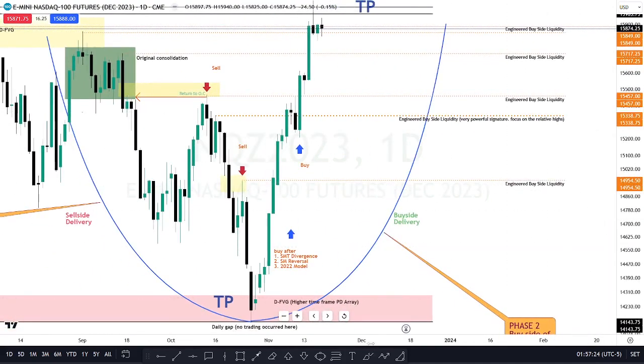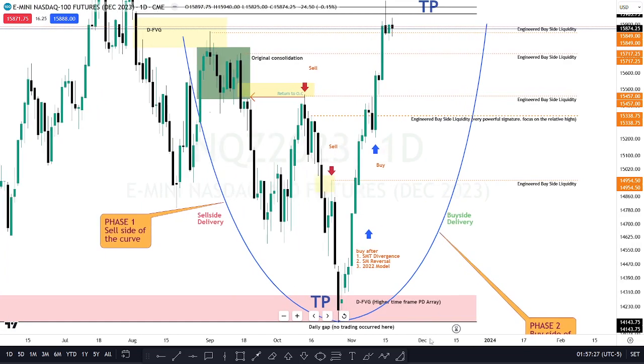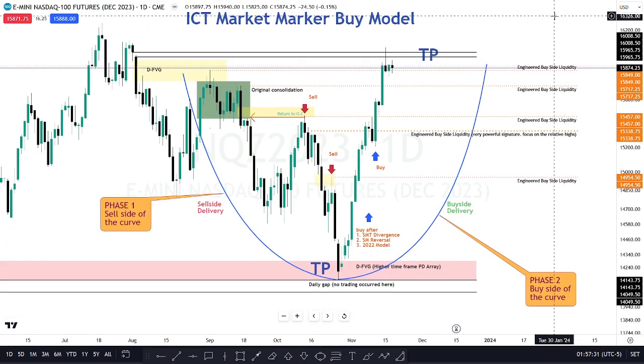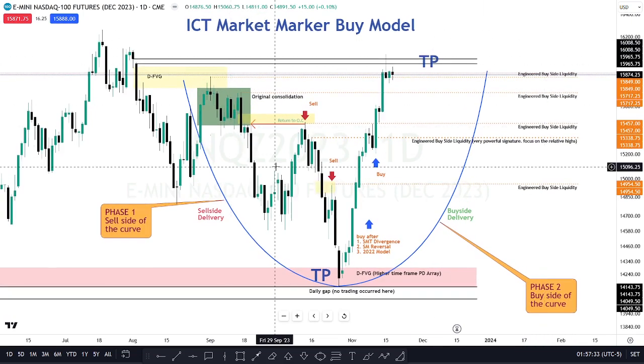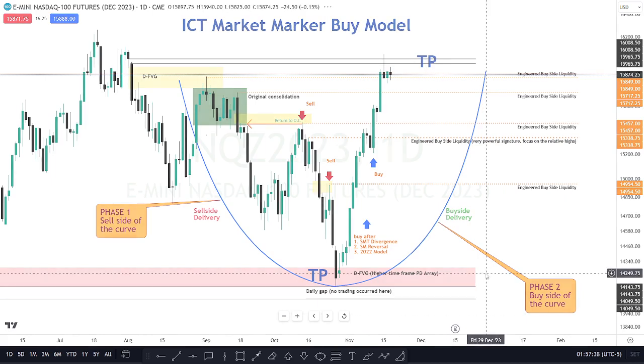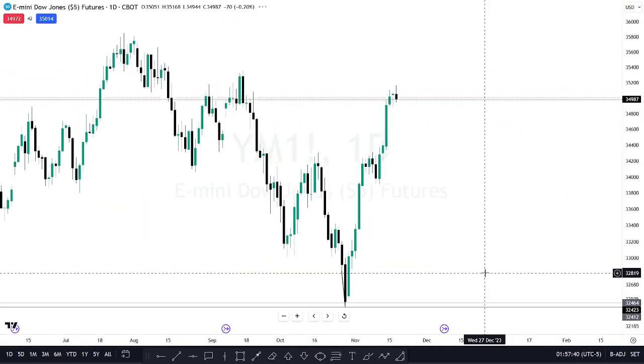Okay, let me try to adjust this as best as I can. Okay, let's see everything. Remember those annotations, guys. Let's just go to this and copy them.